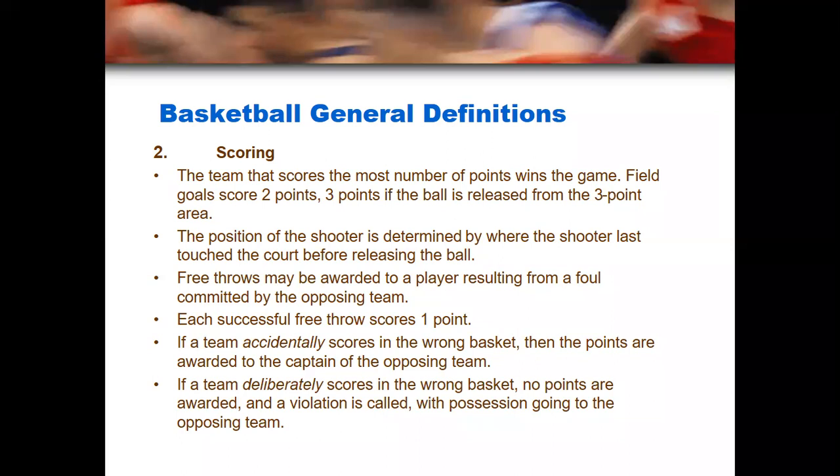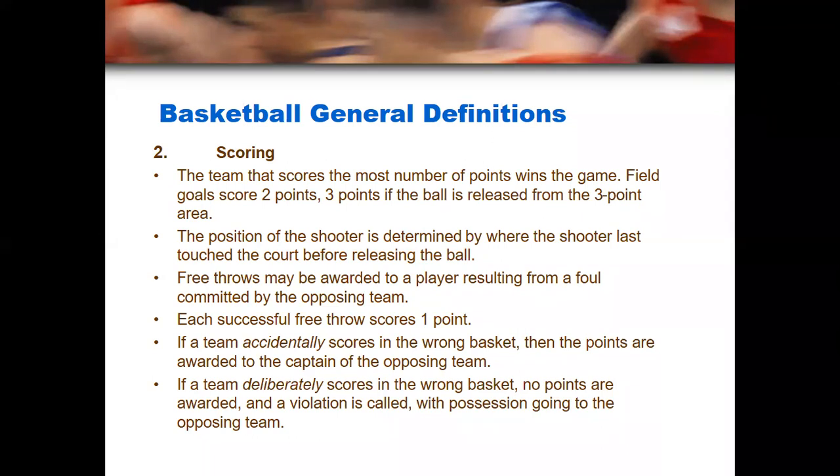The team that scores the most points wins the game. Field goals score 2 points, or 3 points if the ball is released from the 3-point area. So in general, for every hoop that is made, 2 points will go on your score.